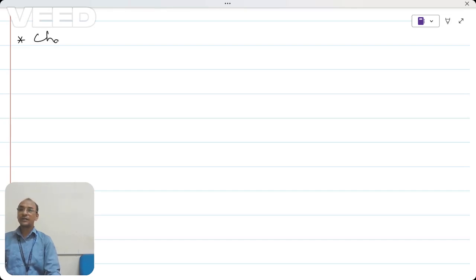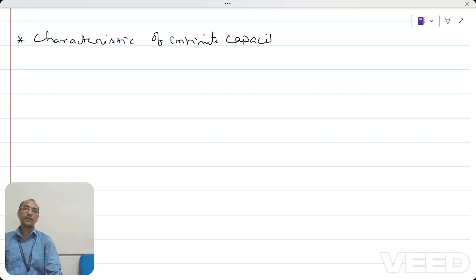Characteristics of infinite capacity multiple servers Poisson queue model.